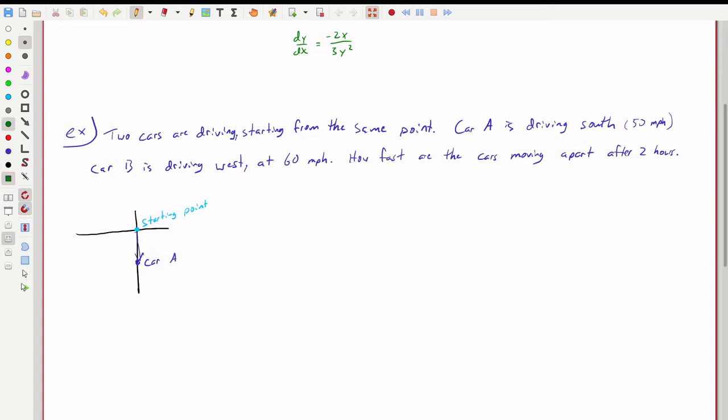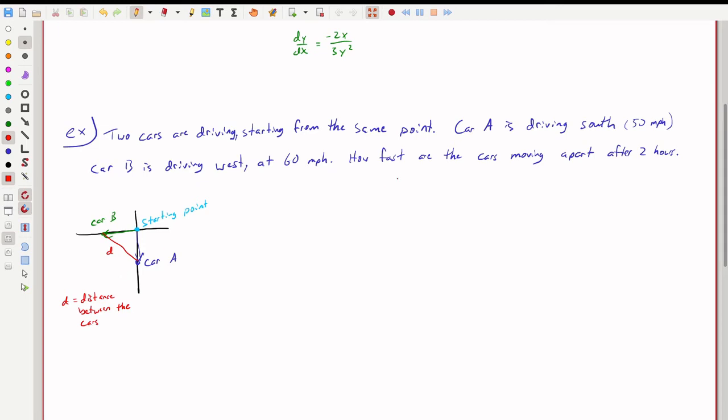Car B is driving west. Okay, and there is some distance between the two cars. So if I draw a line connecting them, the length of that line segment is going to be the distance between them. Okay, we'll call it D for distance.